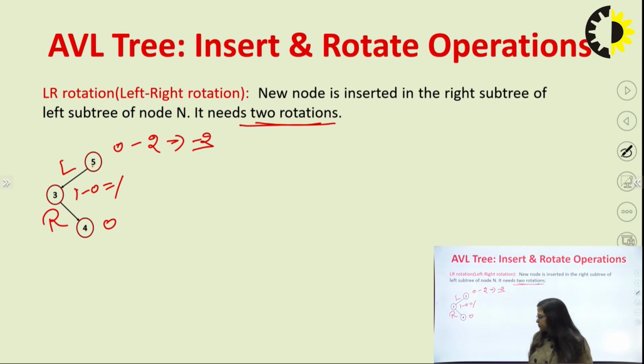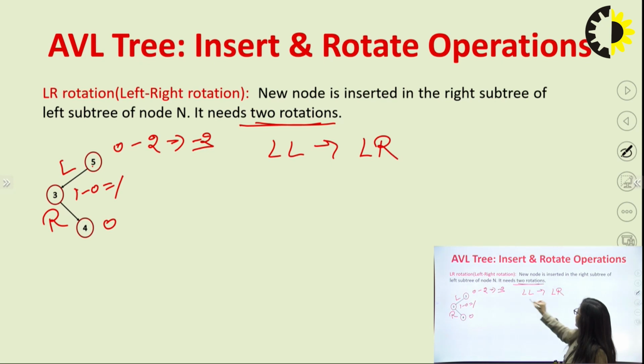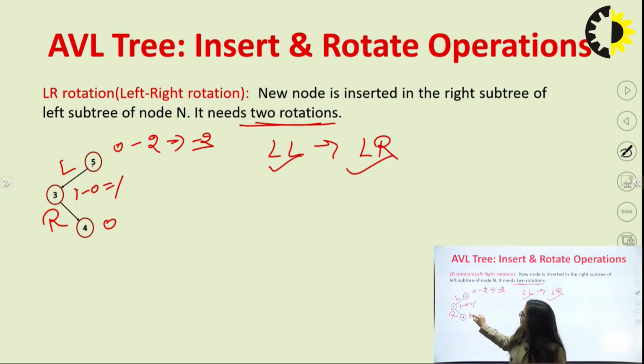Let's suppose you want to insert this number. It is firstly an LR case, make it LL first, then LR. These 2 rotations are needed here.